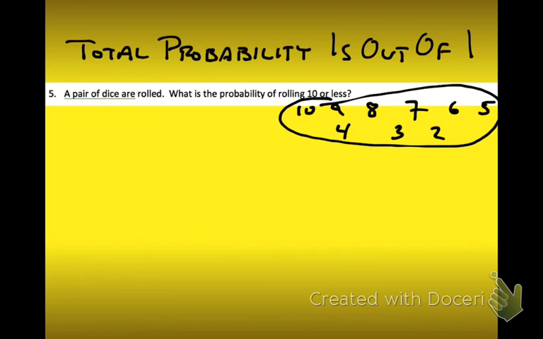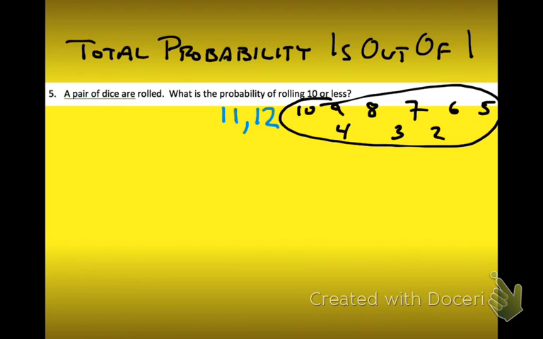So rolling 2 dice, if you're going to roll them and you want anything to show up, it will be 36 out of 36. If we want to know what is the probability of rolling 10 or less, you could actually look for what's not in here. So not in here, what's the probability of getting 11 or a 12? Now that's a little simpler, right?